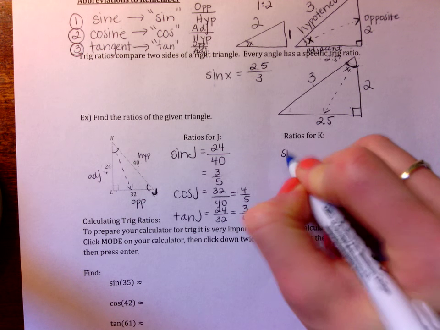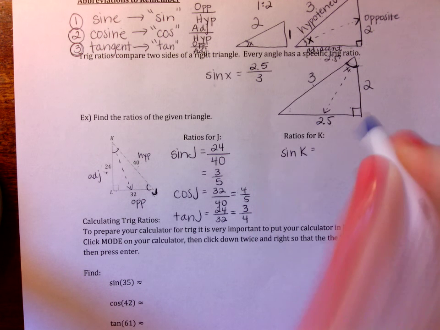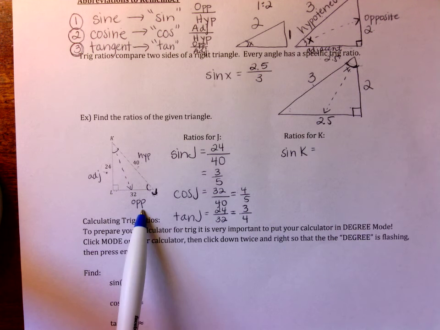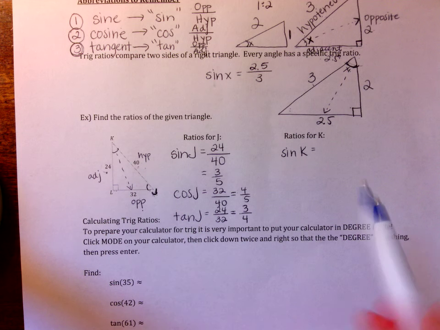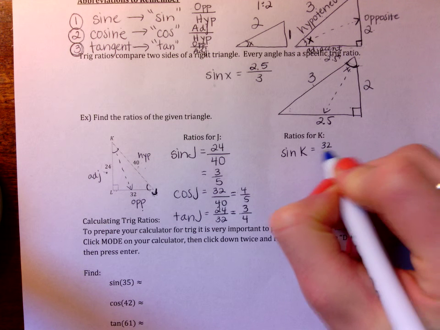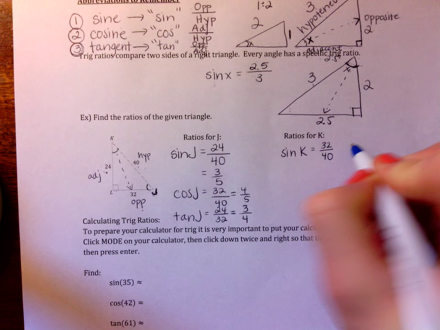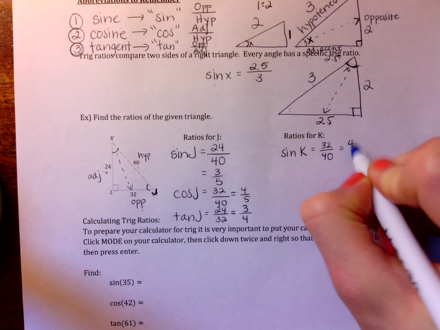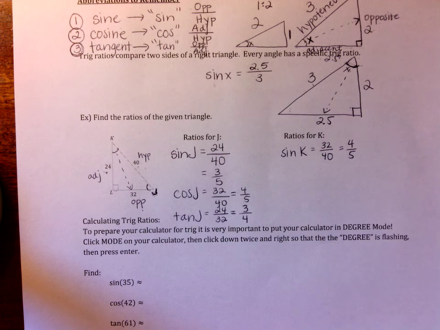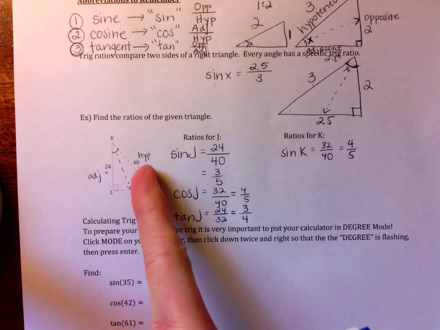So sine of K is going to be opposite over hypotenuse, or 32 over 40, which simplifies to 4/5. If we do cosine of K, that is adjacent over hypotenuse.